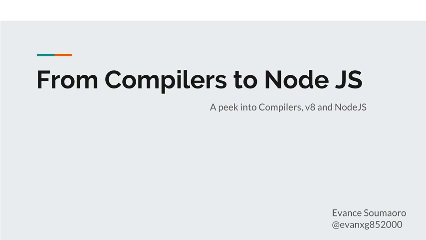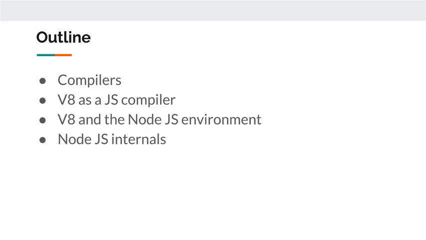We will be looking into, first of all, compilers, and then V8, which is a JavaScript engine for mostly Node.js and Google Chrome. And then we will be looking into Node.js internals, some of the things that we can find there. So without further ado, let's get started.